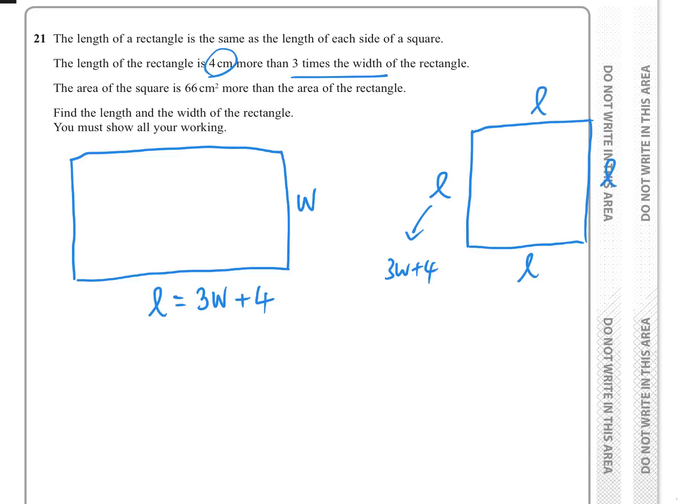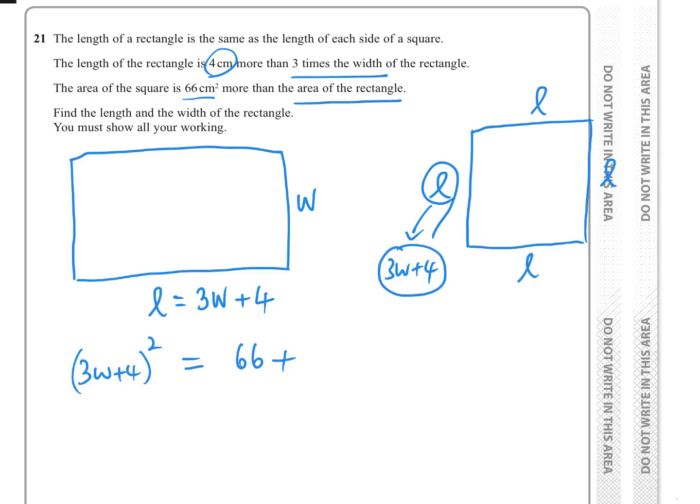And it says the area of the square, so that means 3w plus 4 all squared, because that's the value of L, which is the length of the square, is 66 centimetres more than the area of the rectangle. And the area of the rectangle is just w times 3w plus 4.